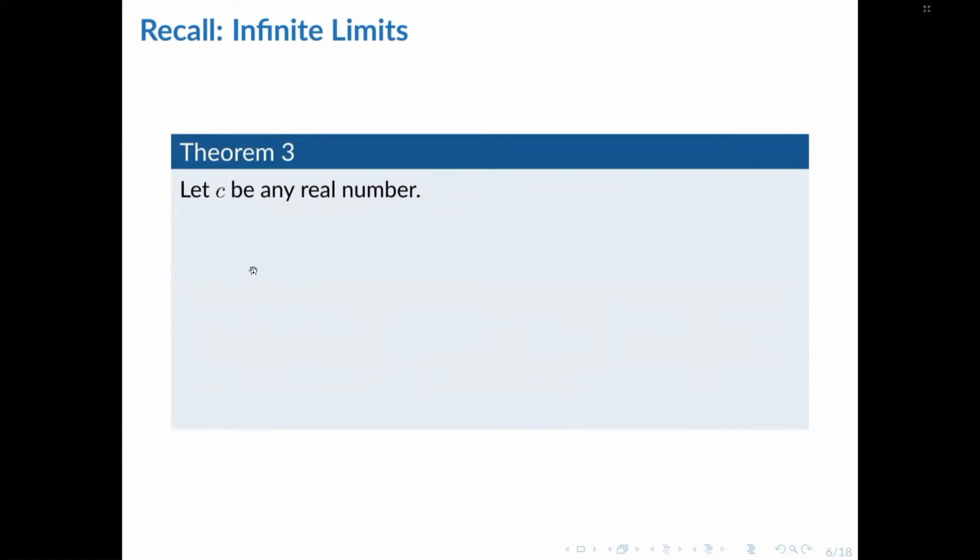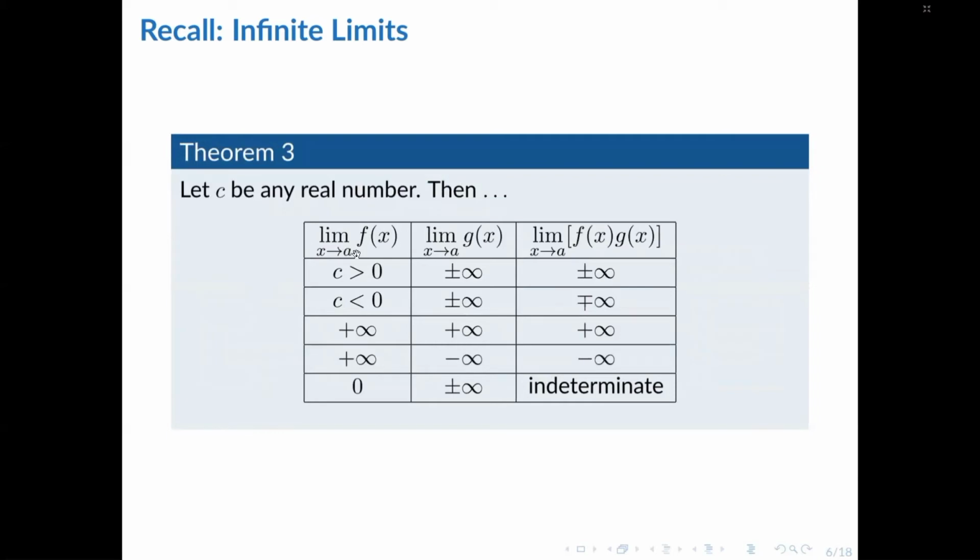For the third theorem, let c be any real number. Again, if the limit of f of x as x approaches A, for example, is a positive number, so c is greater than 0, and the limit of g of x as x approaches A is positive or negative infinity, then the limit of the product of f of x and g of x as x approaches A is equal to positive or negative infinity.